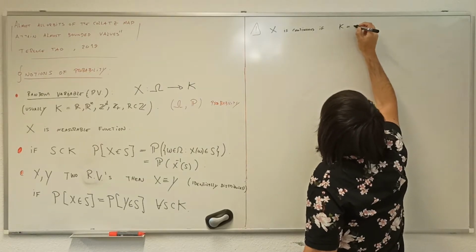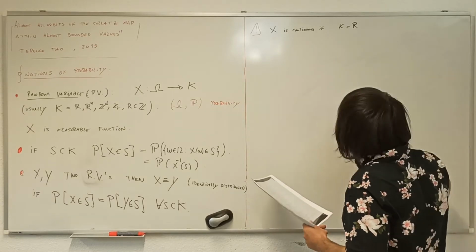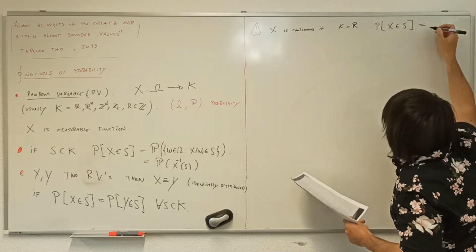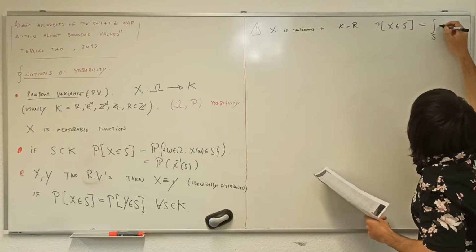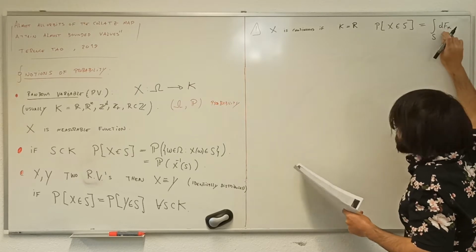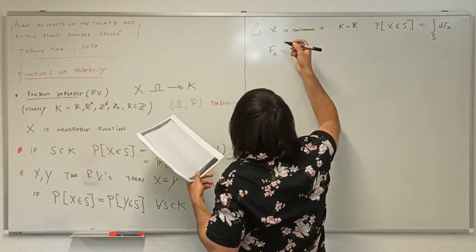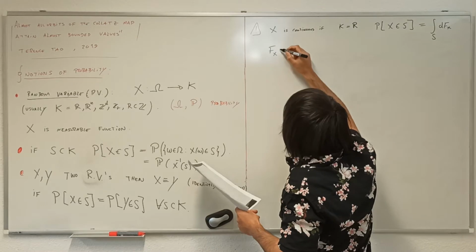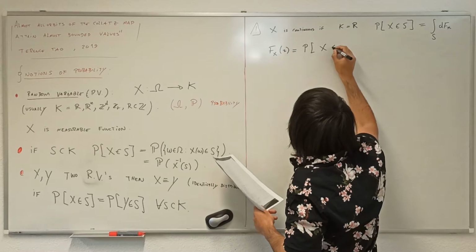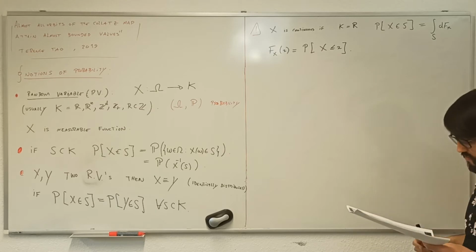So if K is the real line, and in that case, you can show that the probability of X belonging to a set is just the integral with this function here, with this measure here, where f of x is the derivative in the measure theoretical sense of the function F of x equals the probability that X is less or equal than x. Okay. So usually we have this representation.